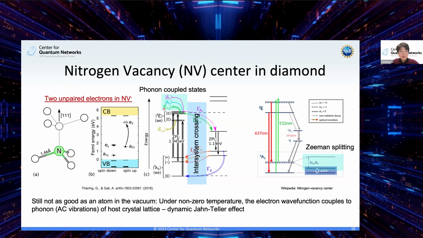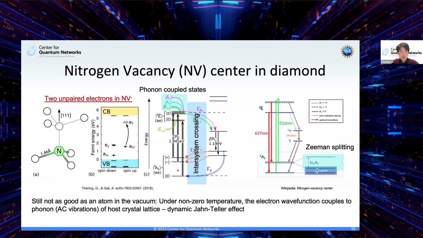Looking at this energy level diagram, the NV center actually has two unpaired electrons, and they form this band structure here. Looking at the energy level diagram, we have the ground state here. It's a triplet state, and the excited state is also a triplet state.